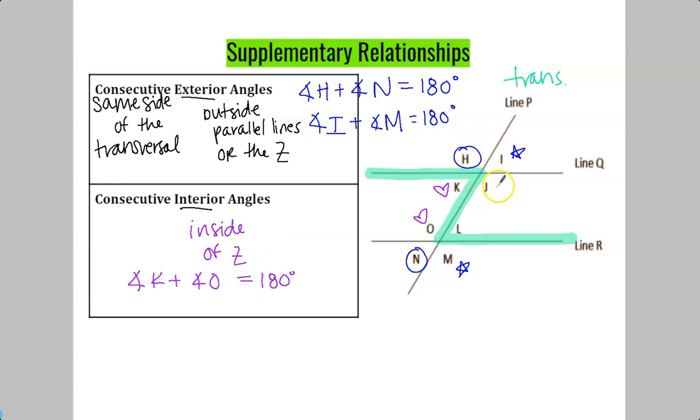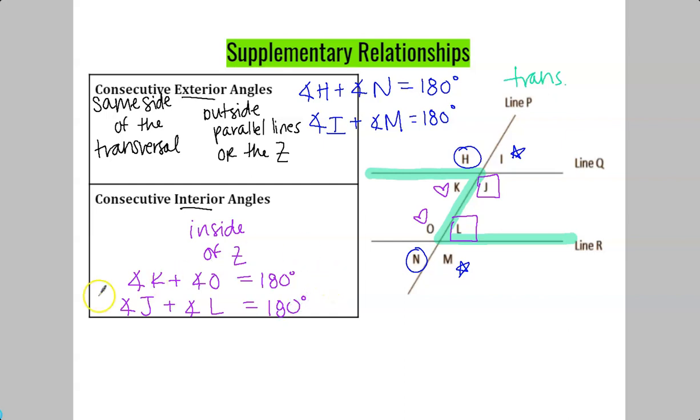And then hopefully you can also see right here, angle J and angle L would be on the same side and inside the Z. So angle J plus angle L is equal to 180 degrees.